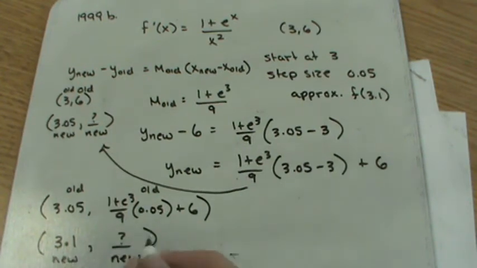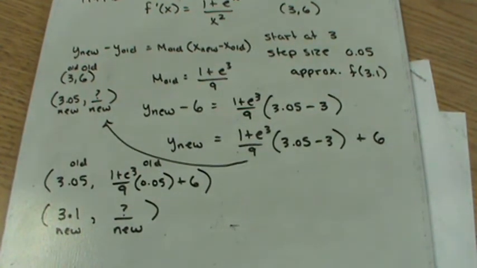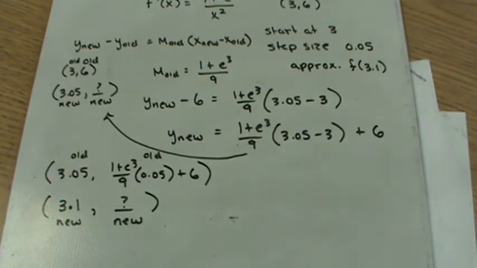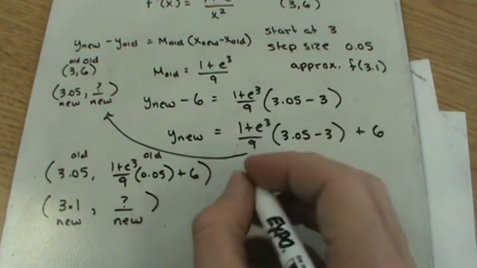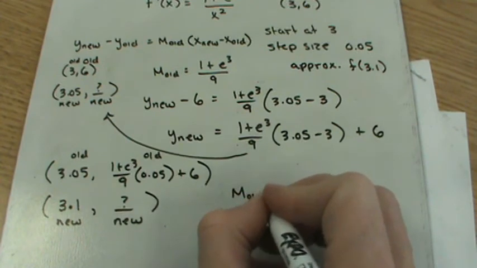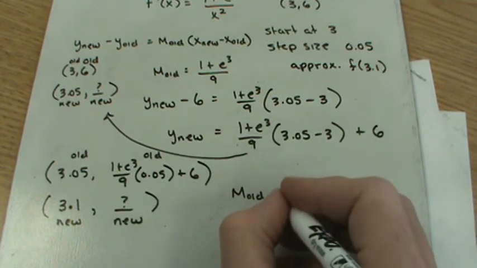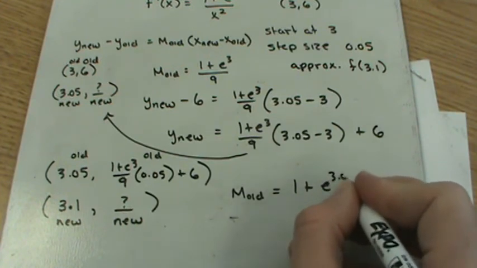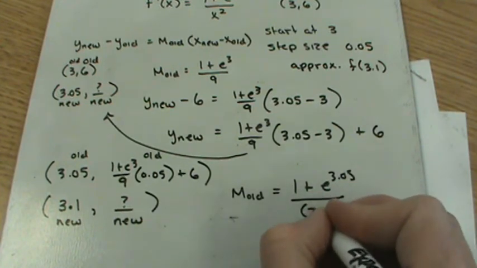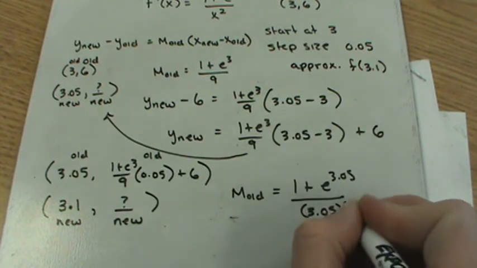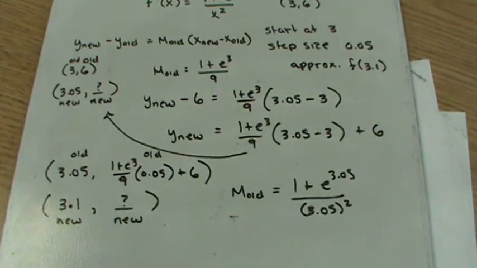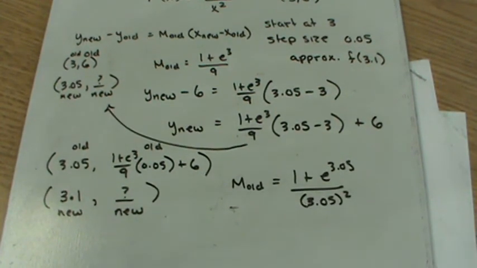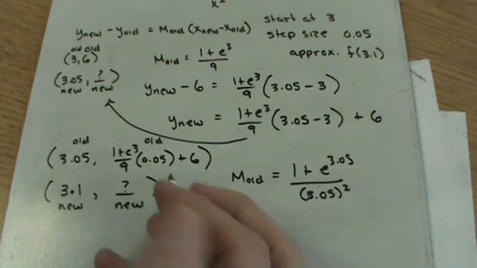So a lot of these, they set you up so that you hit that point within 2 or 3 steps. Sometimes it does hit in 3. And we know we're going to need our m old, so let's go ahead and find our m old here. 1 plus e to the 3.05 over 3.05 squared. Okay, so let's go ahead and plug everything in and see what we got here.